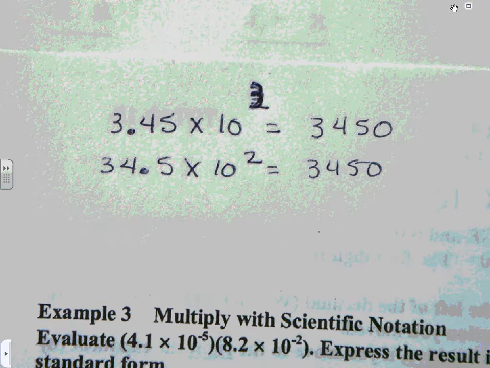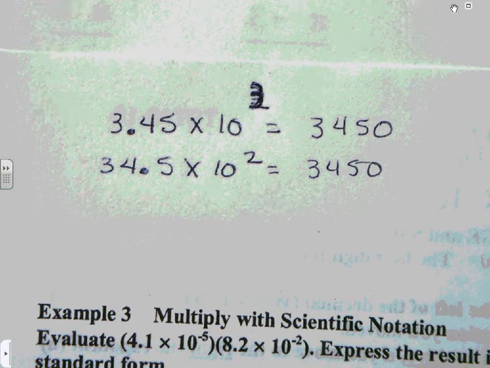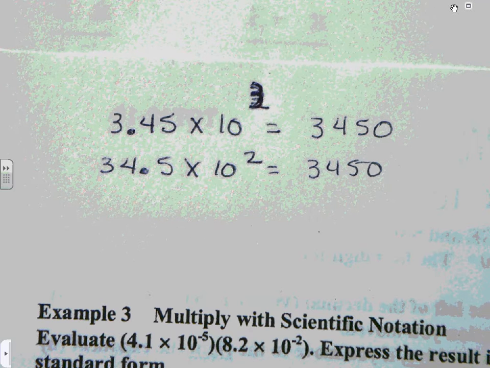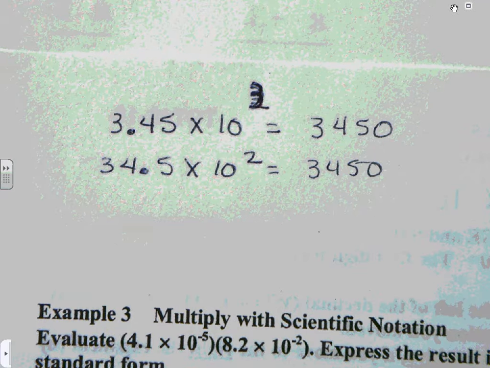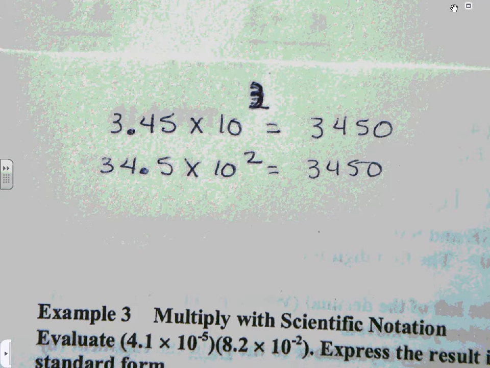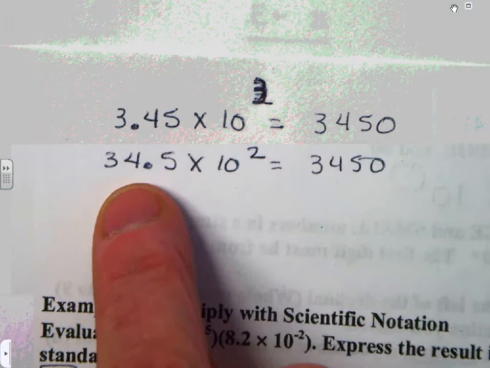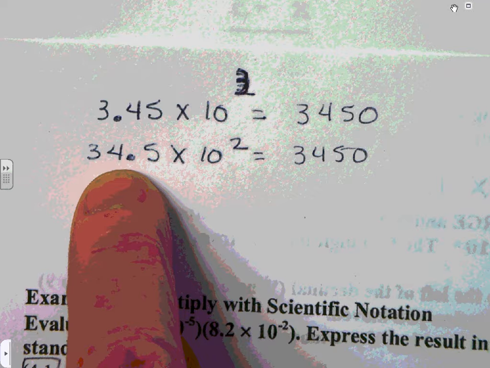Okay, but I scooted the decimal, didn't I? One has the decimal in a different place than the other. And because I scooted the decimal, I also changed the exponent. And here's the deal. And this is where common sense is really helpful. When you're having to adjust a problem, for example, this bottom number is not in scientific notation, is it?